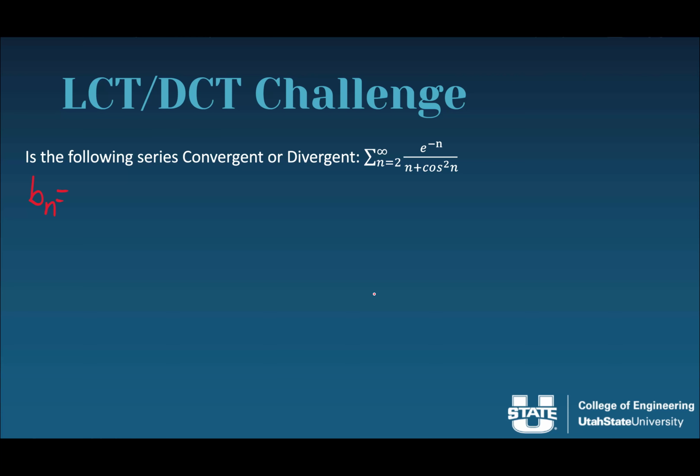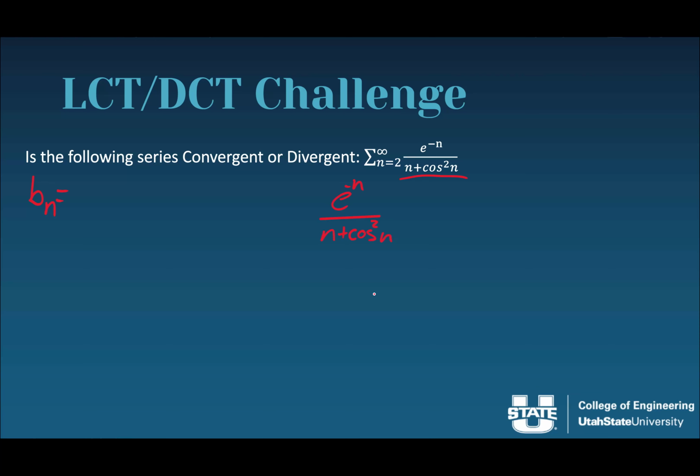When I'm finding my B sub n, I'm basically trying to simplify this series into something that I'm more familiar with. So I can say e to the negative n over n plus cosine squared of n. I know that cosine squared of n is going to oscillate between 1 and 0, because it's a cosine squared function.